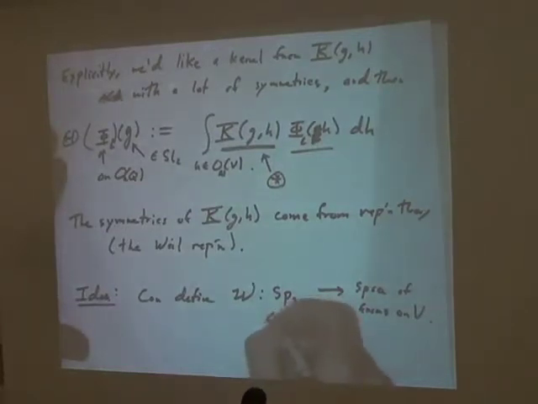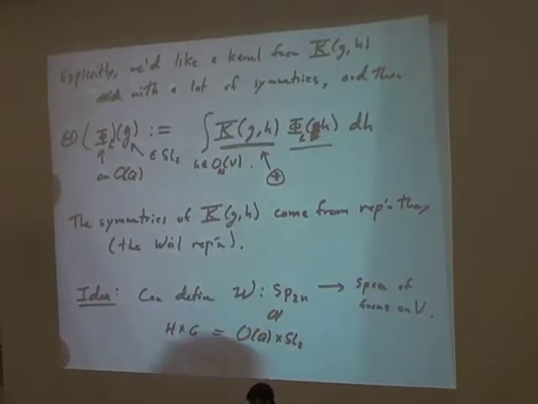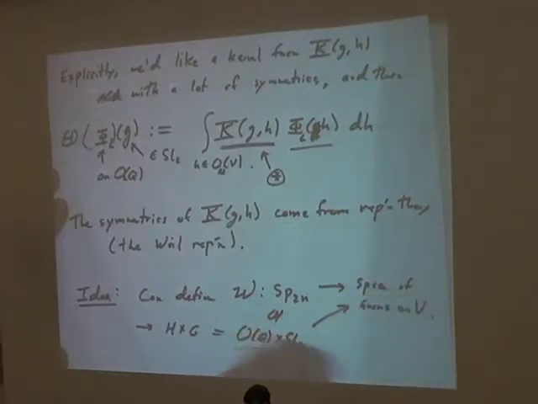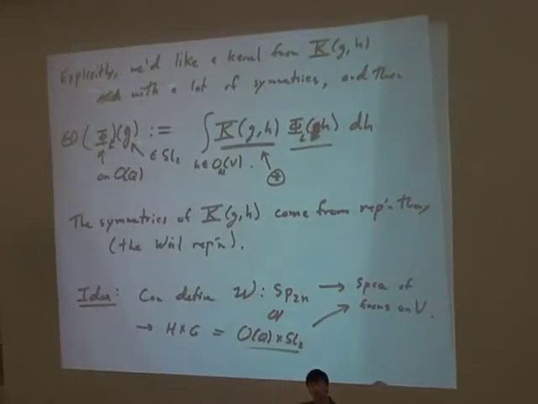And inside of this, we have sitting both an orthogonal group and SL2. And so here are the variables. Sometimes this is called H and G. So I'm using H to denote something in the orthogonal group and G in the SL2. And the idea is that this has enough symmetries that when I look at the restriction of the Weil representation to this, so this also gives me a Weil representation, then it has the symmetries of being a modular form with both the orthogonal group and the symplectic group.